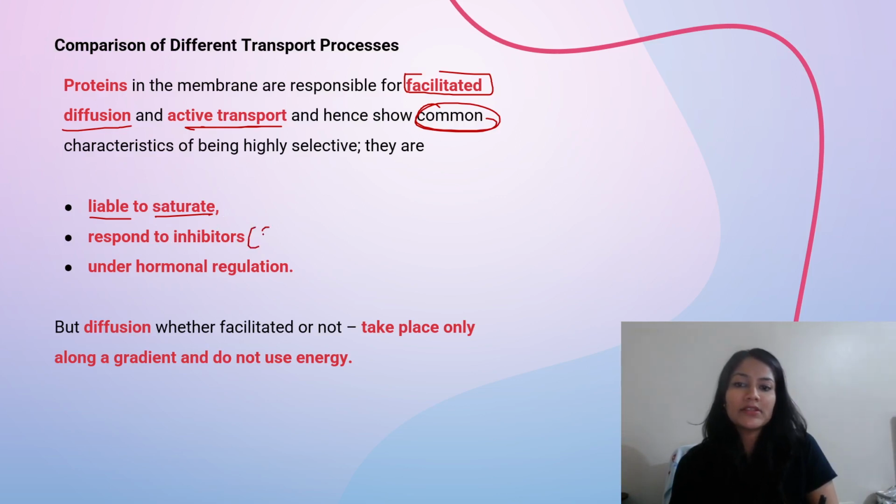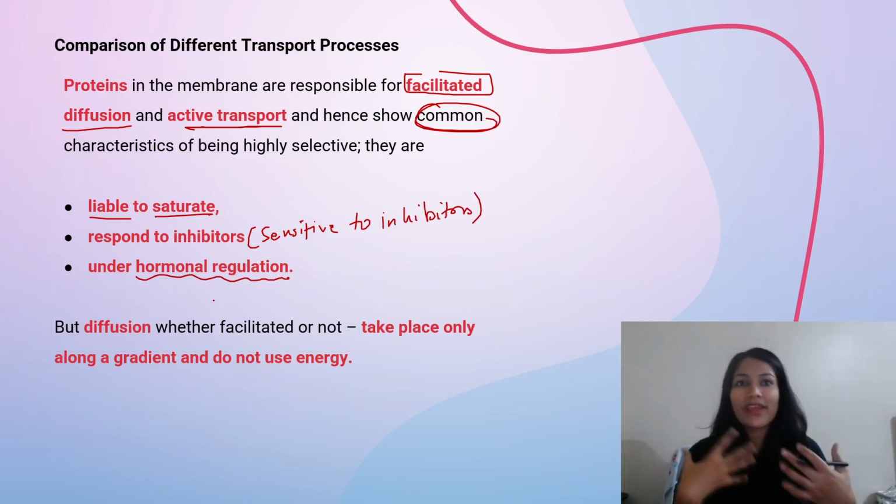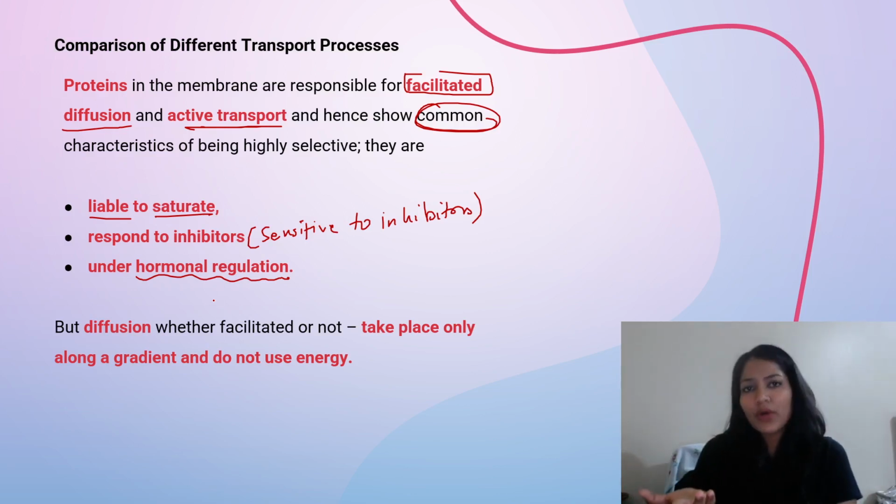They respond to inhibitors; they are sensitive to inhibitors. They are under hormonal regulation, which means that hormones can regulate them. They can be controlled, right? They're not going to work every time. Some of them are going to work every time and some of them will be under the control or regulation of hormones.